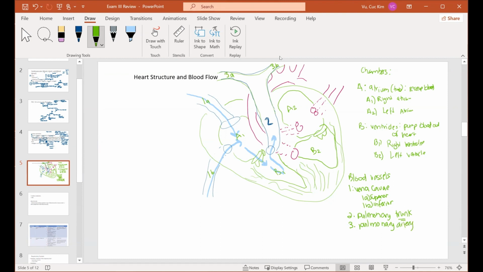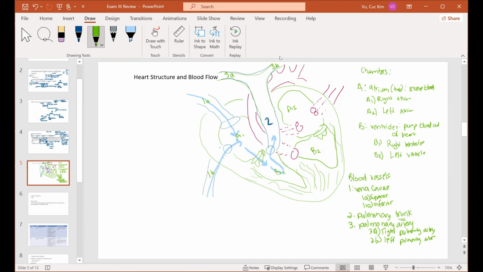So this is going to be the pulmonary arteries, okay? 3A is going to be the right pulmonary artery, and 3B is going to be the left pulmonary artery.